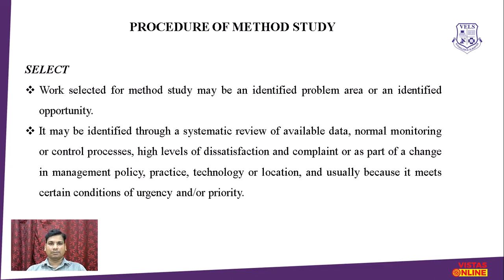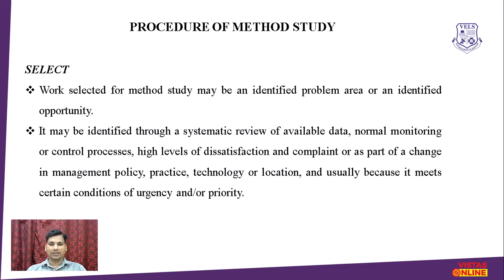First one in the procedure of method study is select. Work selected for method study may be identified problem areas or identified opportunities. The moment you identify them through systematic review of the entire data, ultimately you will have to minimize the errors, and your level of dissatisfaction will come down.